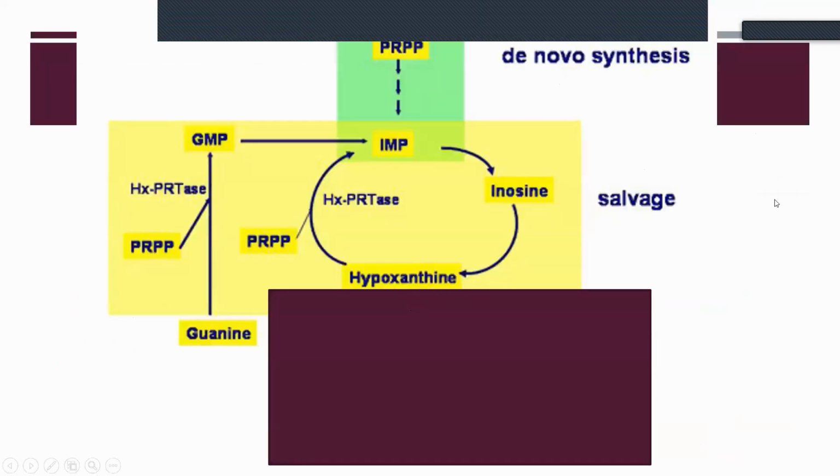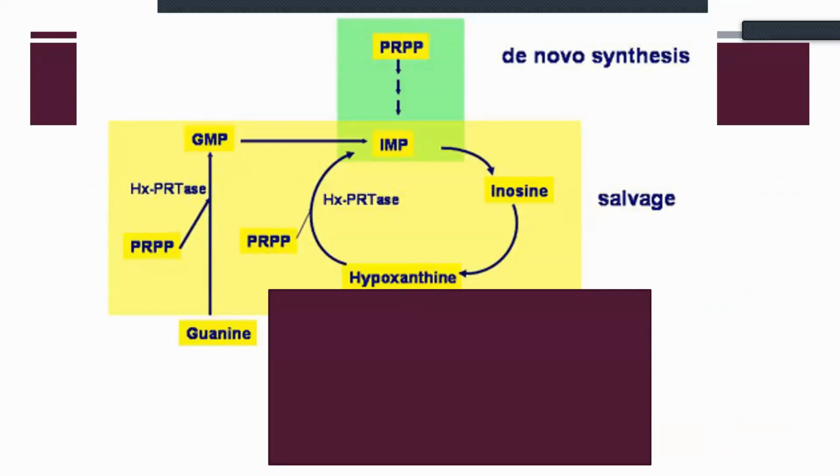Now I want to create a link in your mind that the de novo synthesis and the salvage pathway are kind of connected. Okay. How are they connected? Once we get the inosine monophosphate, which is the IMP, IMP can itself start the salvage pathway also. Why?